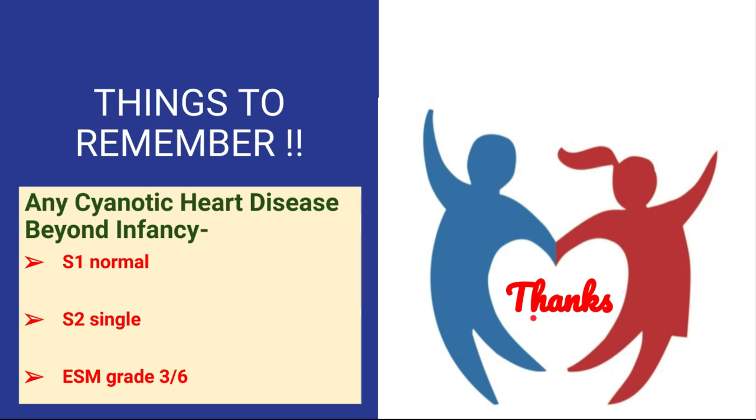So I have covered all cyanotic heart diseases, and if there is one thing to remember, it is that if you are allotted a case in exam of any cyanotic congenital heart disease and the child's age is more than 1 year, then in auscultation you can say S1 normal, S2 single, and ejection systolic murmur grade 3 even without auscultation, and you will be right in 99% of cases.